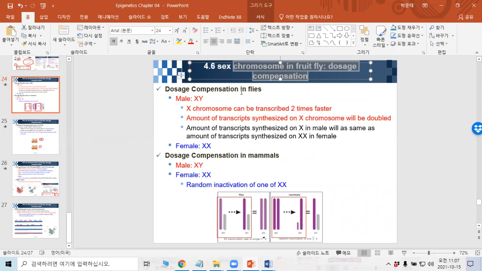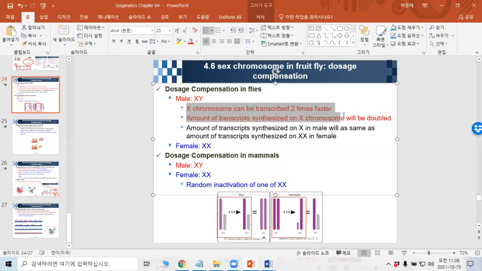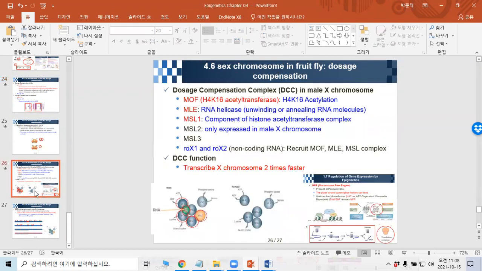However, in flies, the male is XY and the female is XX, and the specific mechanism is that the male X chromosome can be transcribed 2 times faster. It means that the amount of transcript synthesized from the X chromosome will be doubled. We find that the DCC complex functions especially on the male X chromosome.